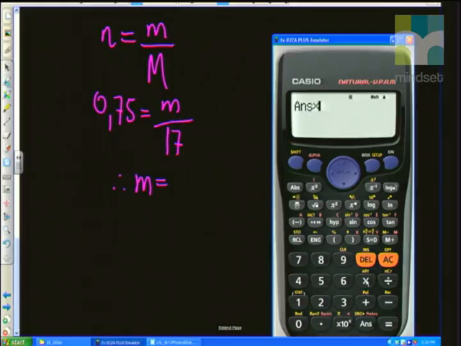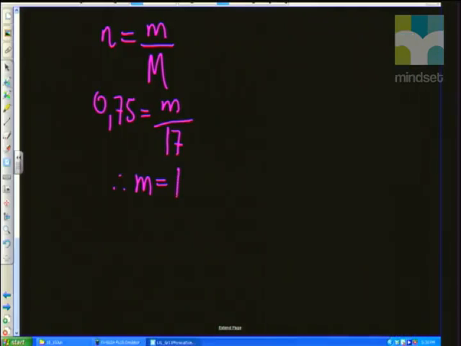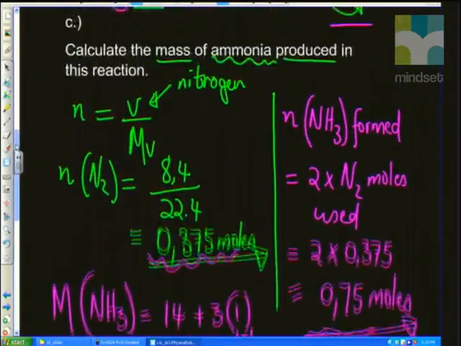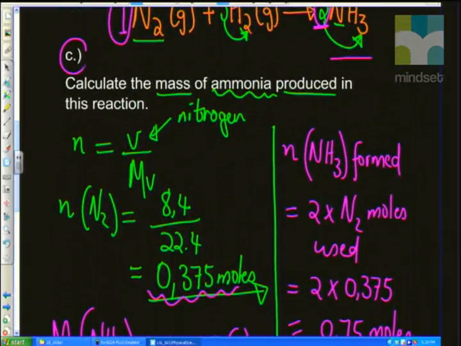We can just take our answer here and times 17. And what do we get? 12.75 grams. So the mass of ammonia produced is 12.75 grams.